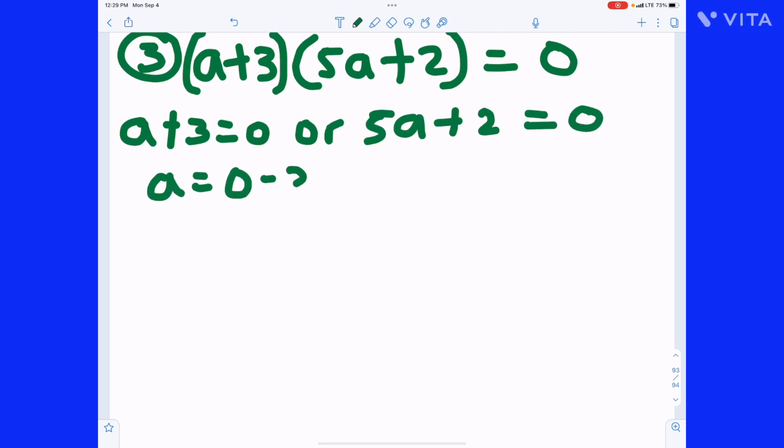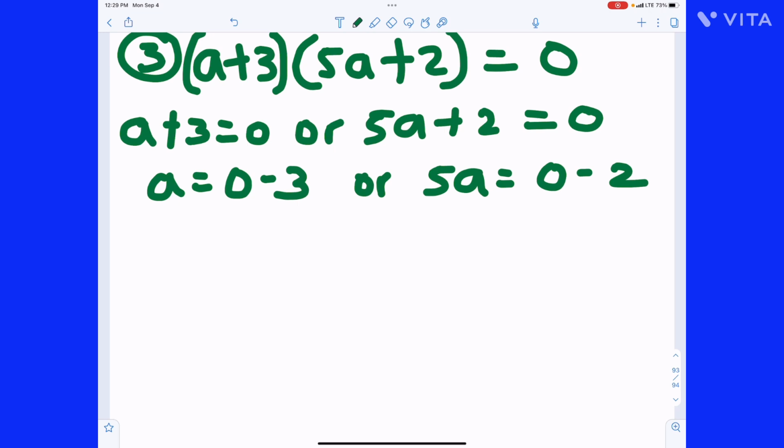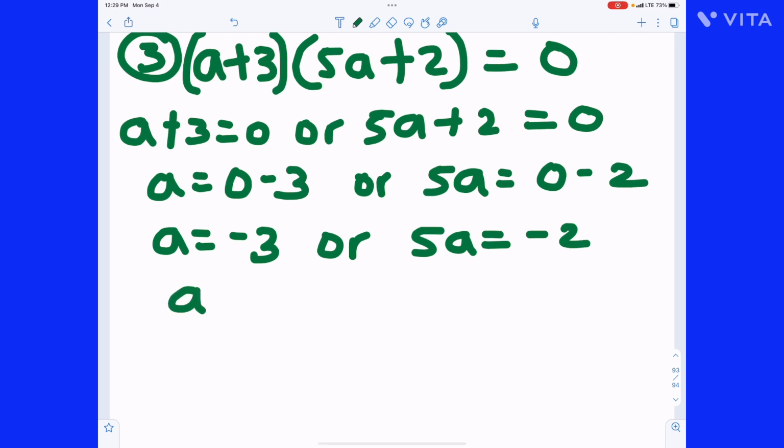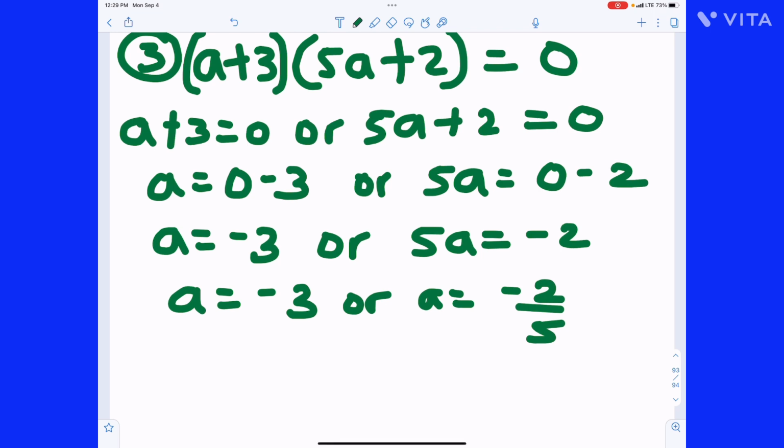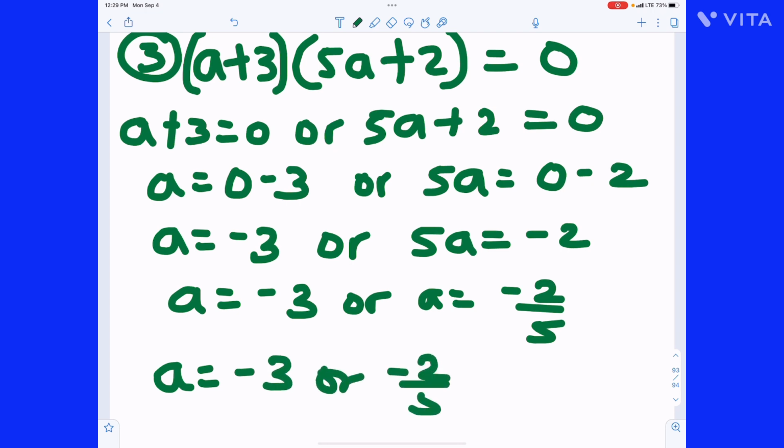A is 0 minus 3 or 5a is 0 minus 2. If I take plus 2 to the right, it becomes minus 2. Do you understand? A is minus 3 or 5a is minus 2. Take this 5 to the denominator of the right hand side. So A is minus 3 or minus 2 over 5.